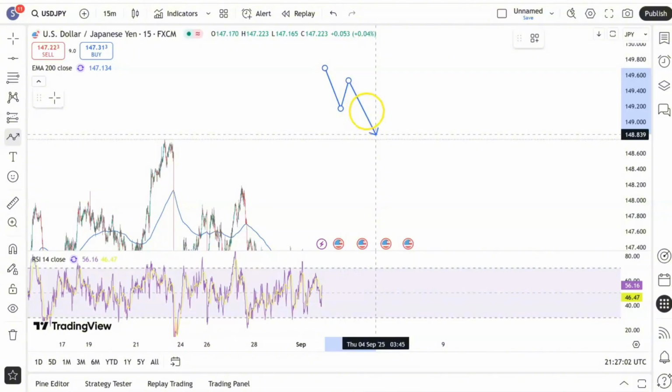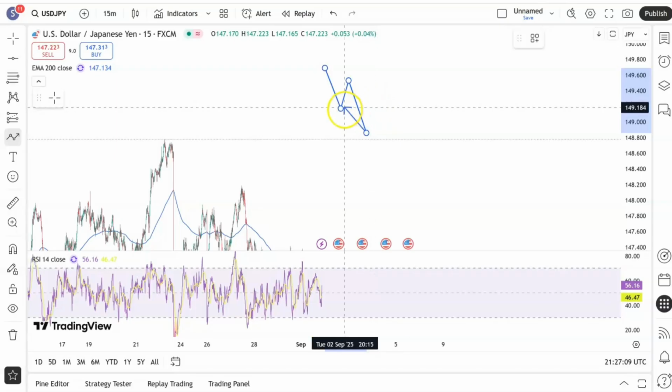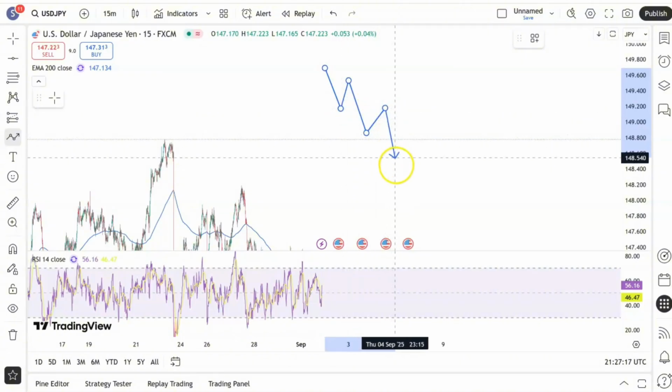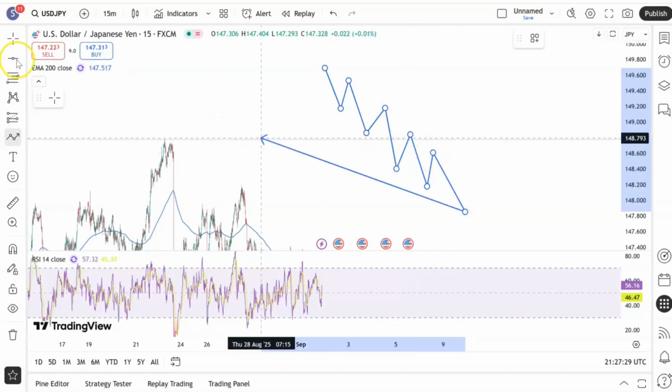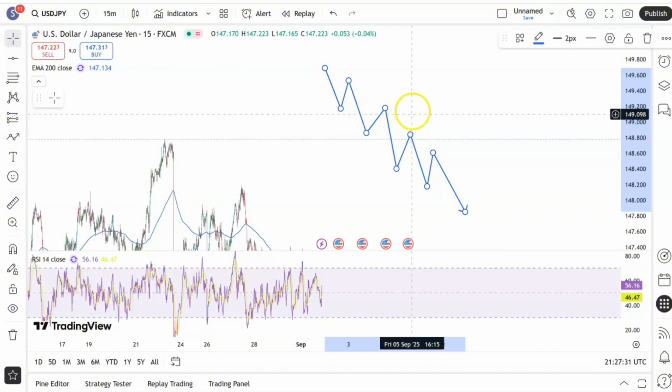Do not forget this break of structure. Impulsive movement again, then we have a correction. The correction will most likely form at this support resistance region here. This is a resistance region. Then we'll have another downside movement just like that. You understand? Your correction might take out some liquidity before going back down. So this is what you are going to be seeing in the structure of a downtrend.